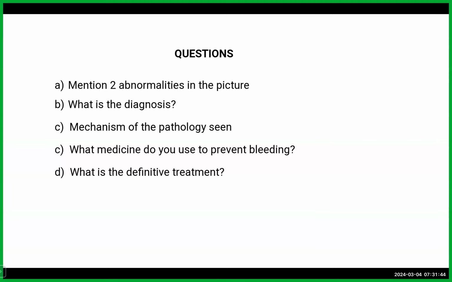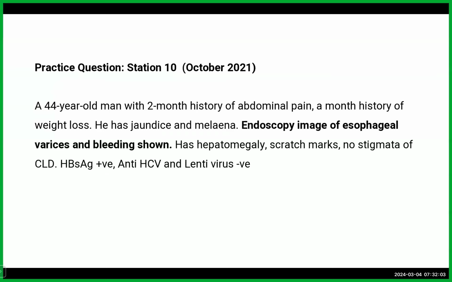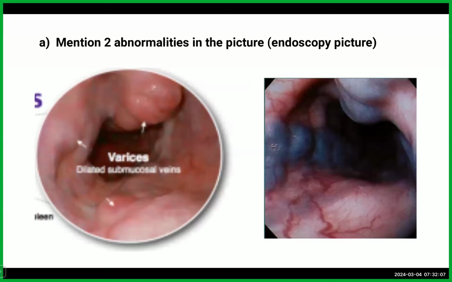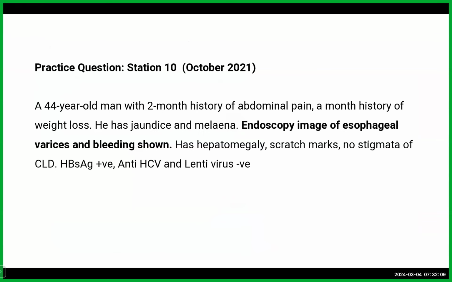Okay. All right. So thank you for your presentation. Well, the question is about variceal bleeding, and probably the picture, we couldn't get the picture. So the diagnosis will be decompensated liver disease secondary to chronic hepatitis B virus, complicated with esophageal varices.